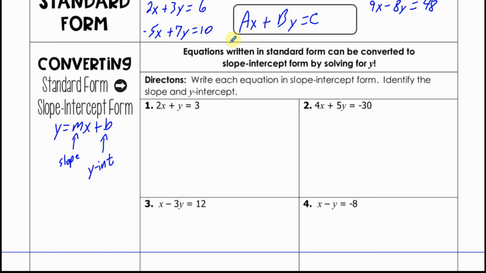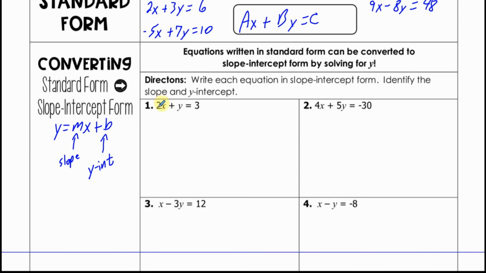So here, because we want to take an equation that has the x and y in it, and make it become y equals, that's all slope-intercept form is: you've solved it for y. So we have to get y by itself. Well, if we want to get y by itself, we have to get rid of this 2x.